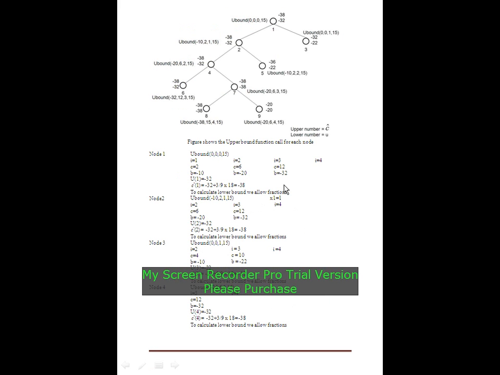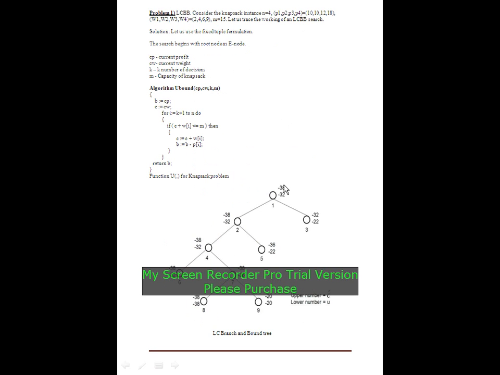So first, at the initial stage, we have to calculate the initial C dash x and U dash x. First C dash x is the sum of the profits, including the fractional part also. So, here you can see profit for first one is 10 and weight is 2.